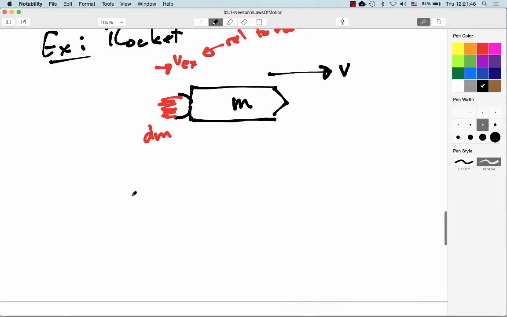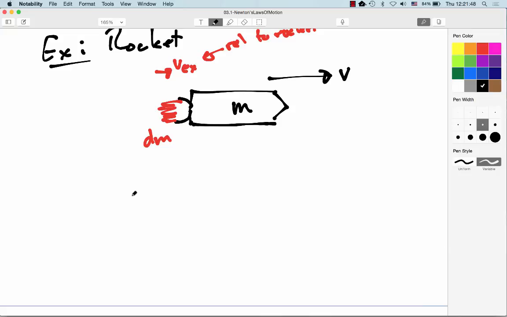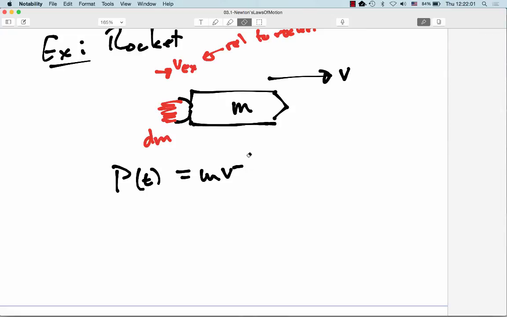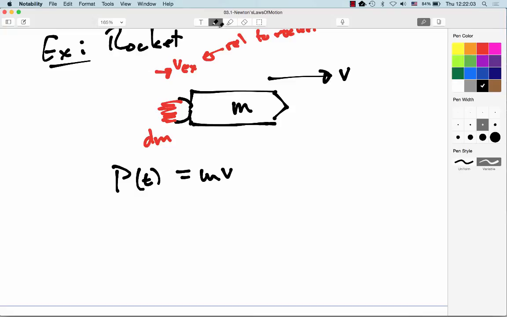So let's take a look here. Initially, our total momentum at some time t would be equal to the mass of the rocket times v. And we're going to look at some small amount of time later, dt. Remember, physicists usually treat differentials as just really tiny deltas.